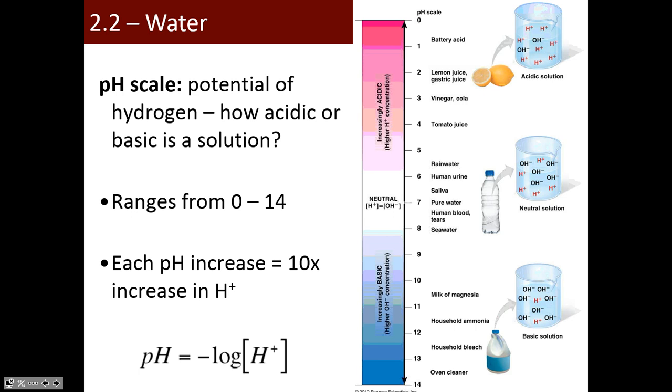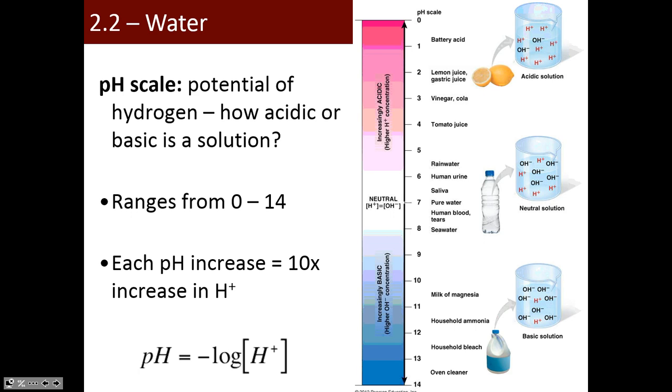This is a logarithmic scale. So for those of you that are really comfortable with math, pH equals the negative log of the concentration of hydrogen ions. I'm not going to ask you to worry about that, but for those of you who think that way, that's what it is.